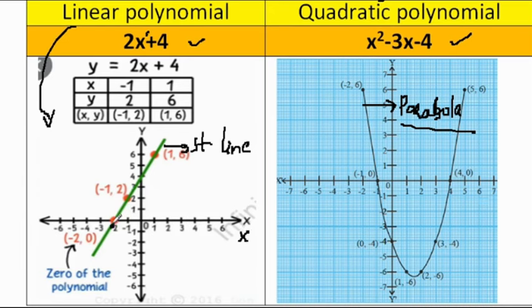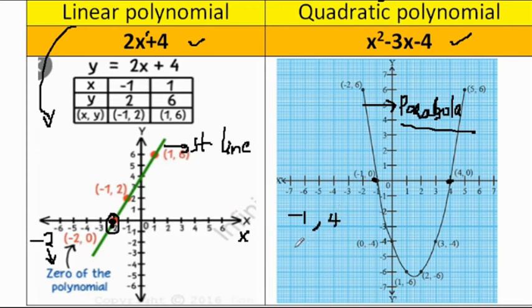Wherever it is meeting at x-axis, that particular point is called zero of the polynomial. Here linear polynomial, the straight line is meeting the x-axis. We have to consider only x-axis, students, at minus 2. Therefore minus 2 is the zero of the polynomial. The quadratic polynomial, this parabola is touching the x-axis at minus 1 and also 4.